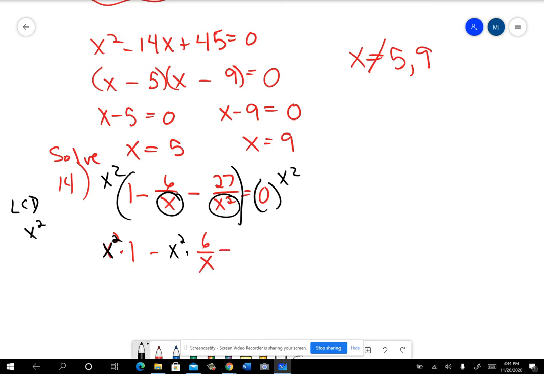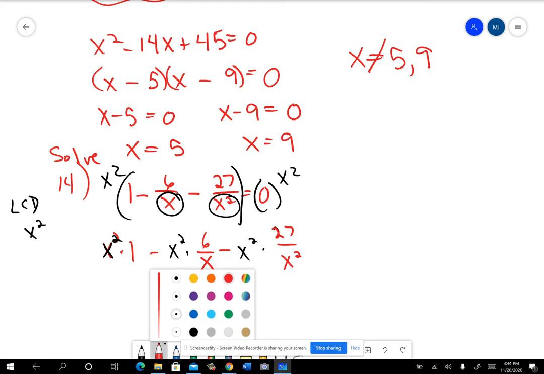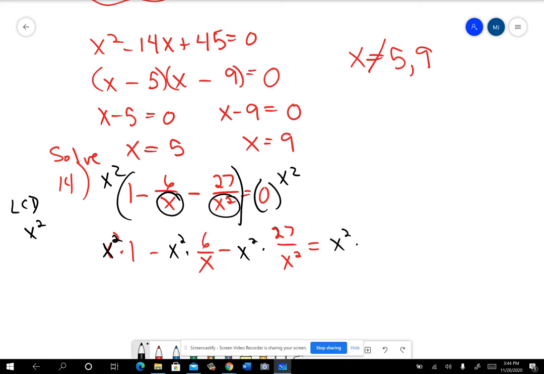And then I'm going to do the x squared times the 27 over x squared. And then on the right-hand side, I'm going to do the x squared times the 0. Okay, so that x squared has to be multiplied on both sides, and that x squared would get distributed.